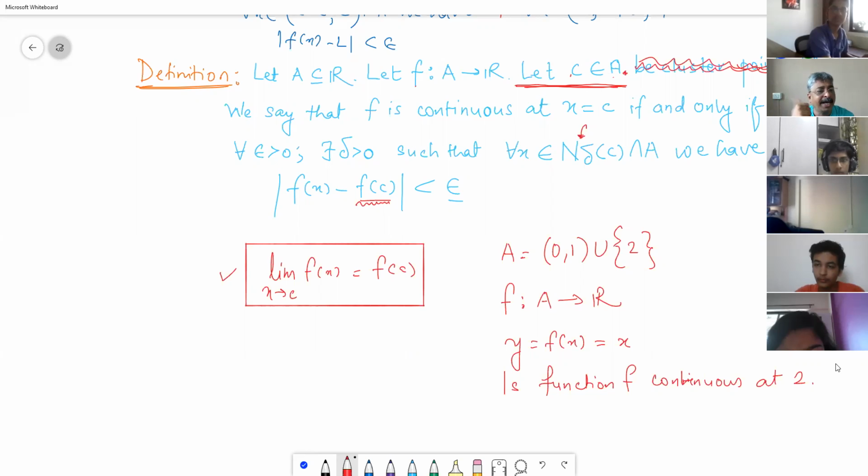Therefore, you do not have anybody to compare, and you don't have any points near to challenge the continuity at C, and therefore we don't have choice but to accept that the function is continuous at C, because there is nobody to challenge.